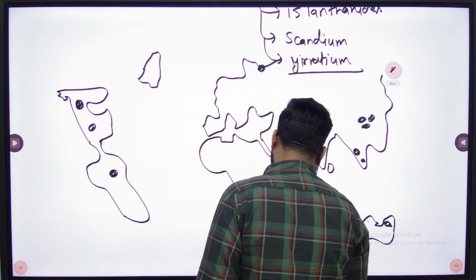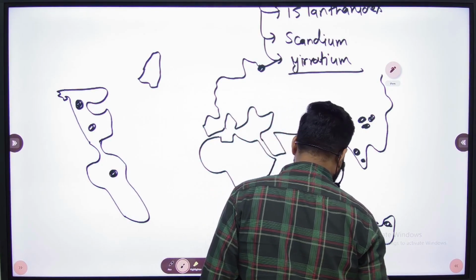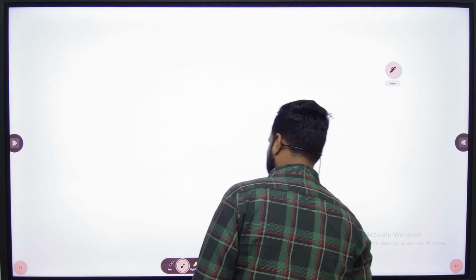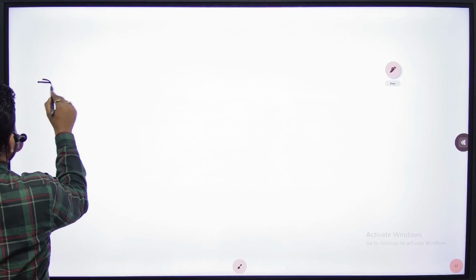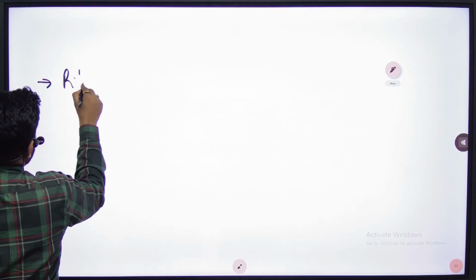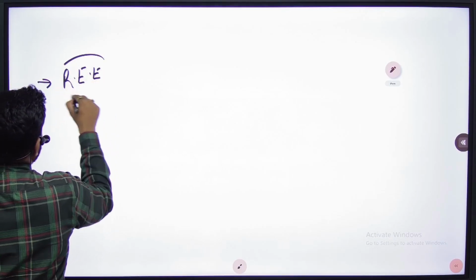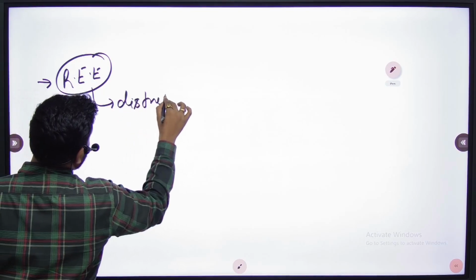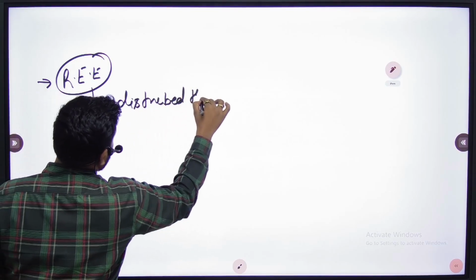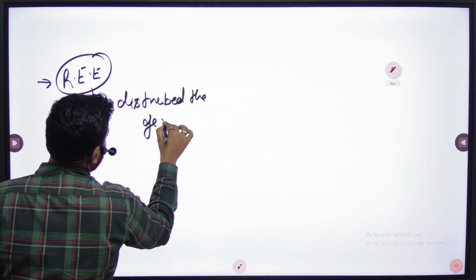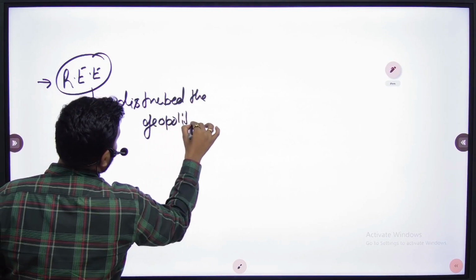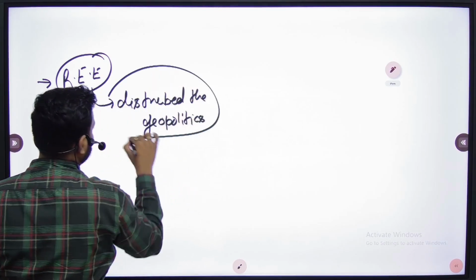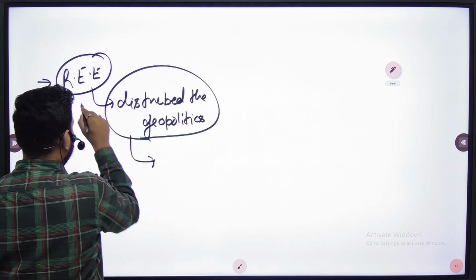Now we are going to discuss more things, how rare earth elements disturbed the geopolitics. How did it disturb the geopolitics?